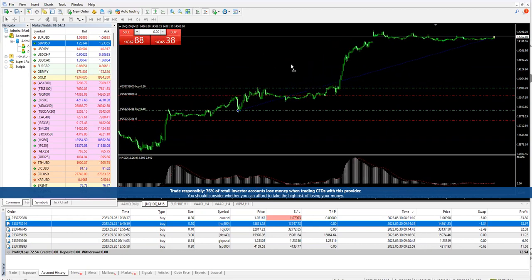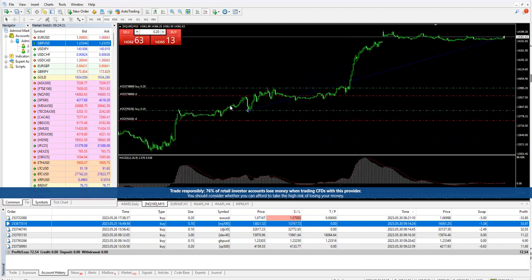Let's push this button. So this was a flag, breakout, pullback to the level of breakout, which was this zone. So the green line is a resistance level where I open the position, breakout, pullback, and let's go.